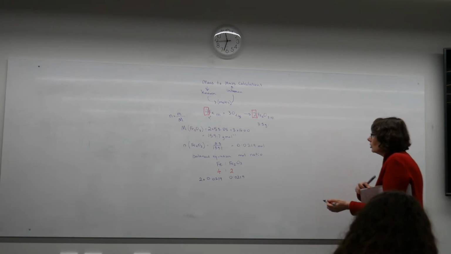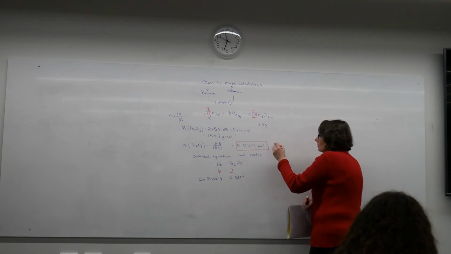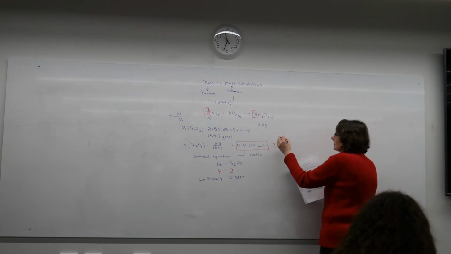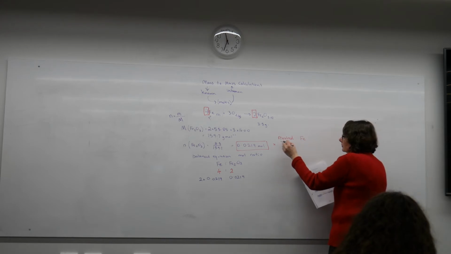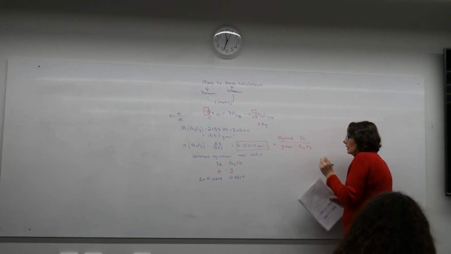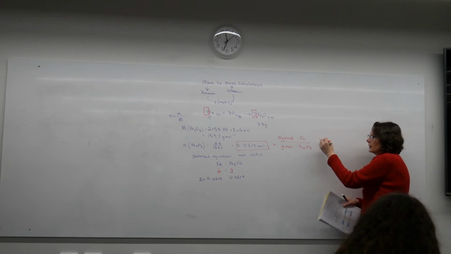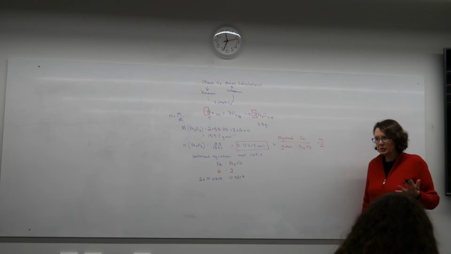You take your answer here, and then you're going to multiply it by the required, which is the iron, divided by the given, which is the iron oxide. So if I look at the coefficients using it this way, then it becomes 4 divided by 2, which is still multiplying that by 2.